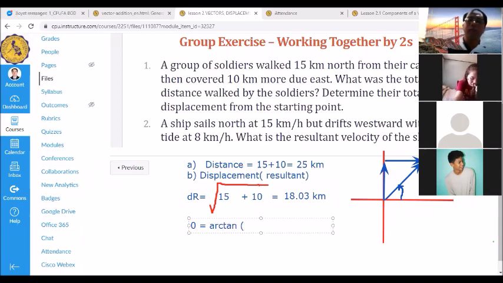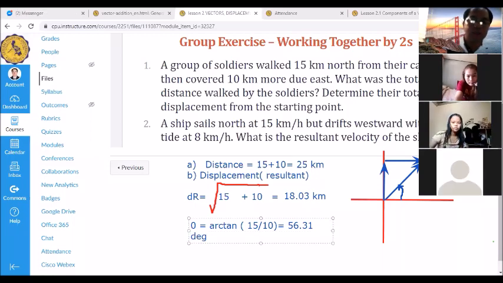This side is 15, and the bottom is 10. So therefore, arctan of 15 over 10, which gives us how many degrees? 56.31. Tama? Yes, sir. North of east.